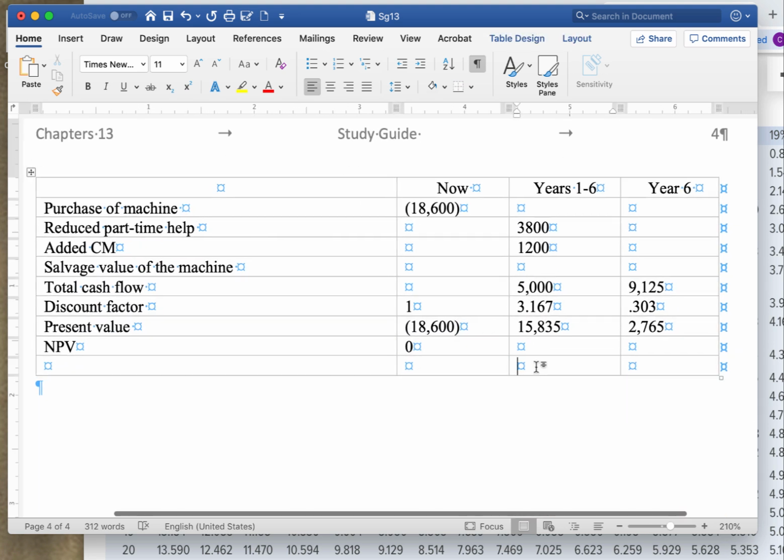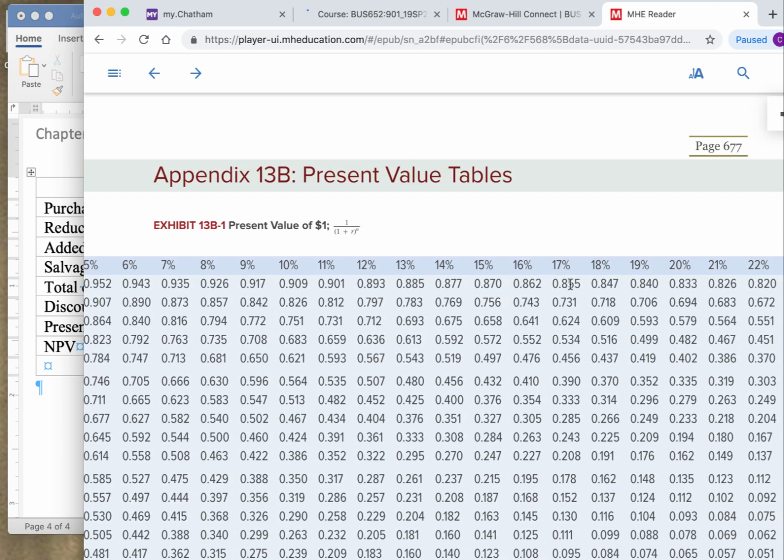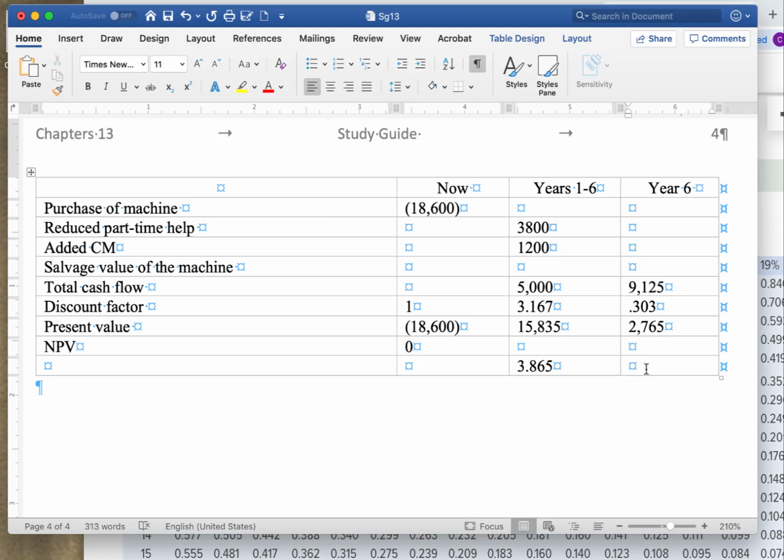And I know that the present value of a dollar at 16% is 0.410, okay? So if I use that 16%, let's figure out what our net present value is.